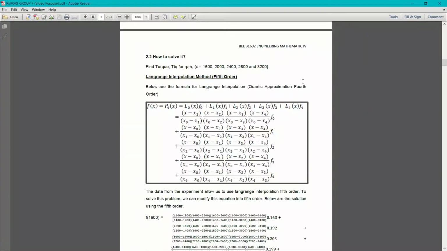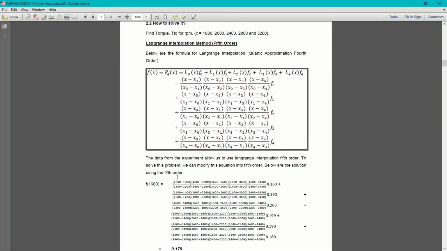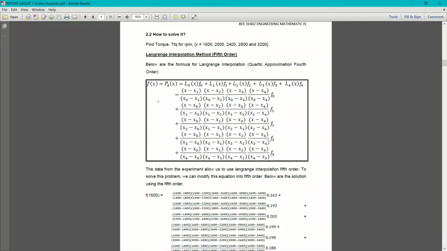We are using the fifth order. We have to modify the formula from the quadratic approximation to the fifth order. By modifying this, we can find the torque for a certain rpm. So here is the example of finding torque for 1600 rpm using the Lagrange interpolation method fifth order.